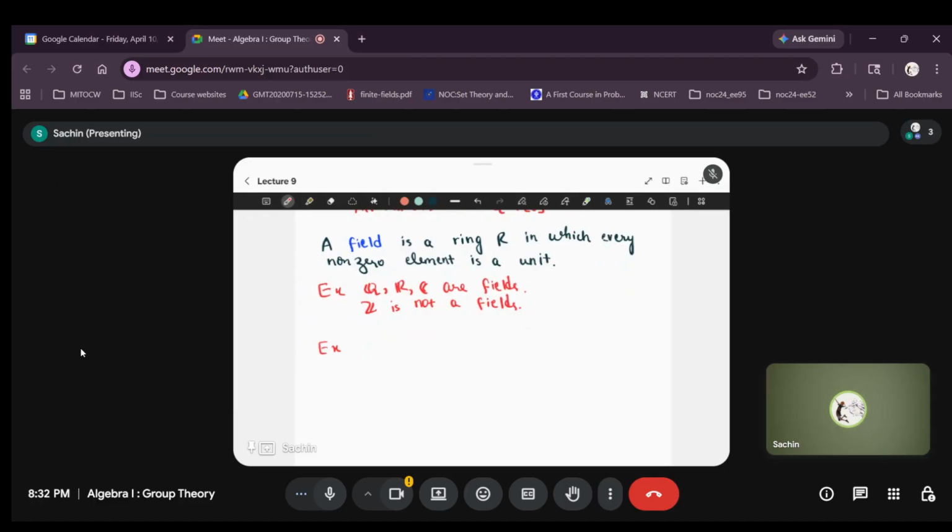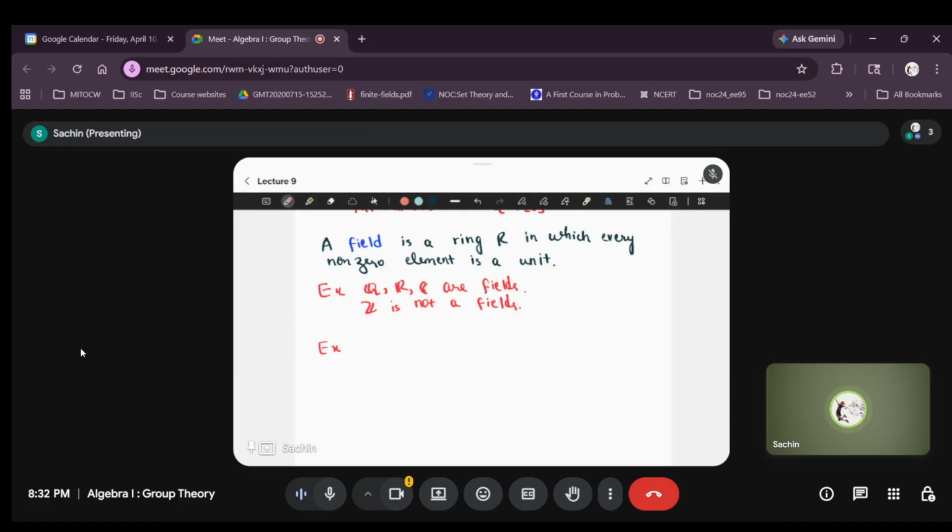In application, you usually come across finite fields in cryptography, coding theory, and communication. Mostly in coding theory and cryptography.